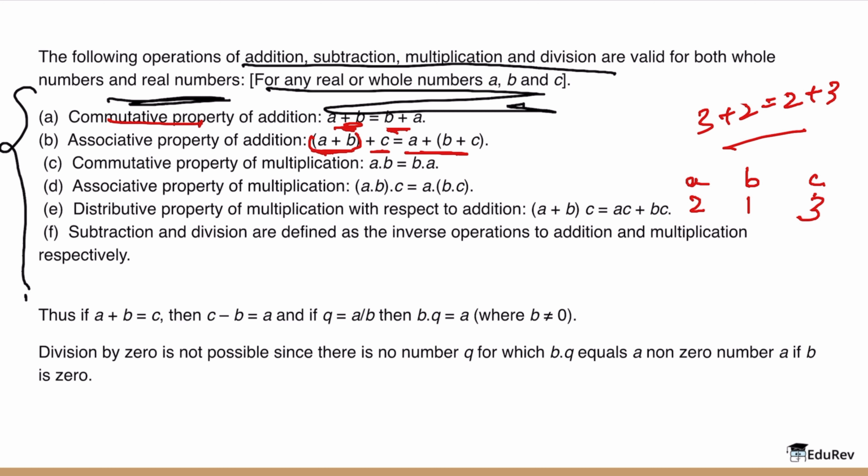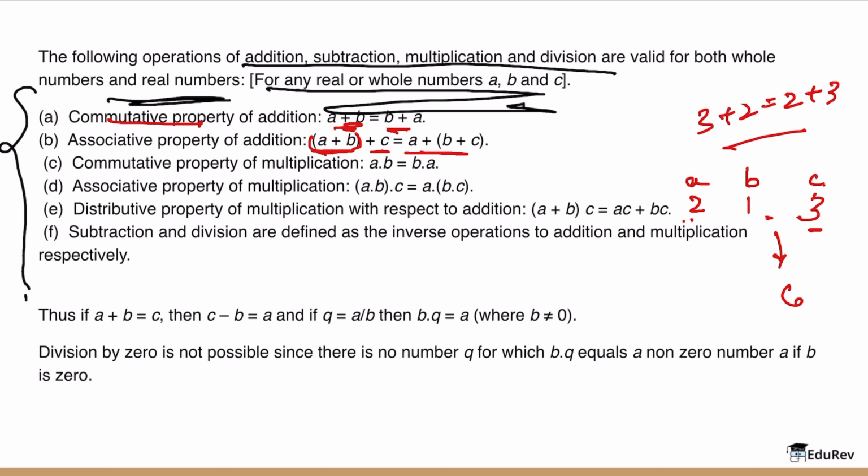Now my mother is asking me how many total fruits I have. So obviously if I'm going to add apples and bananas first, that is 2 plus 1, 3, and then I'm going to add number of oranges to it, that is 3. So my total fruits are going to be 6.